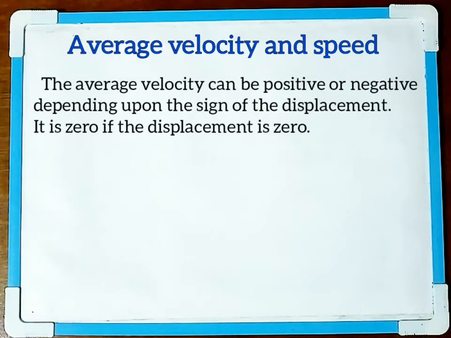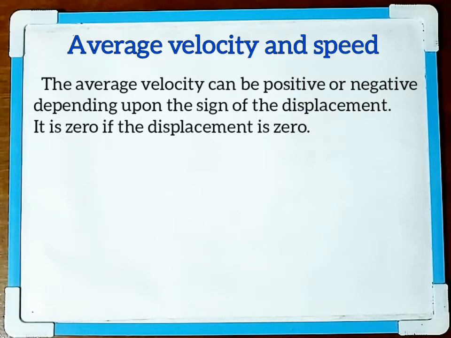Now the average velocity, like displacement, I told you it is a vector quantity. So it can be positive, negative, and 0. Just like we've discussed earlier about displacement, similarly, average velocity can also be positive, negative, and 0.